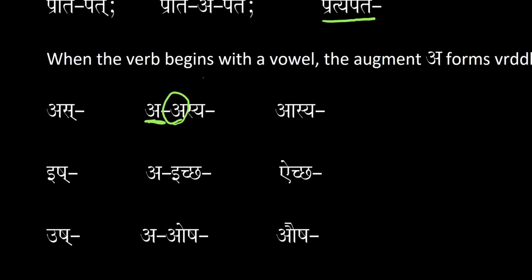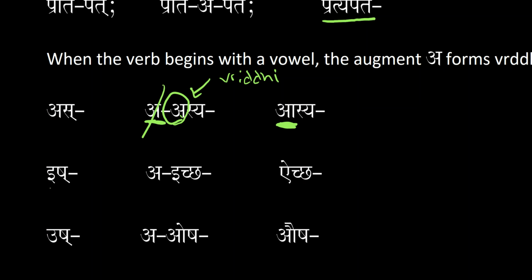So this is going to take vridhi. So you're going to ignore the augment 'a'. When 'a' takes vridhi, you're going to end up with 'ā'. So instead of asyati, you're going to end up with āsyat, and then you're going to add your termination ending for the imperfect conjugation, for the imperfect tense.